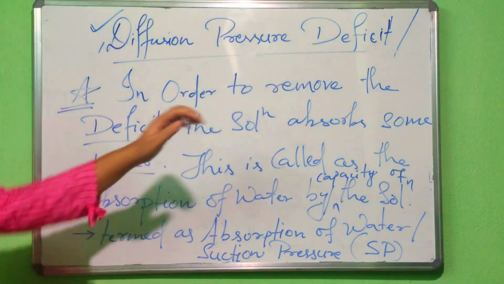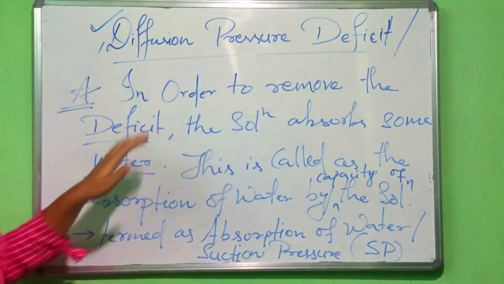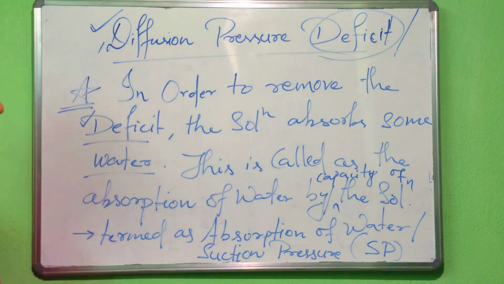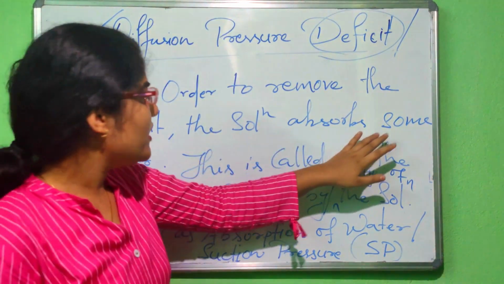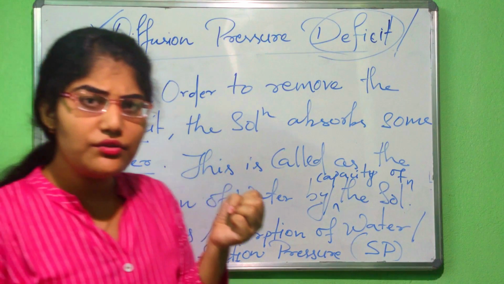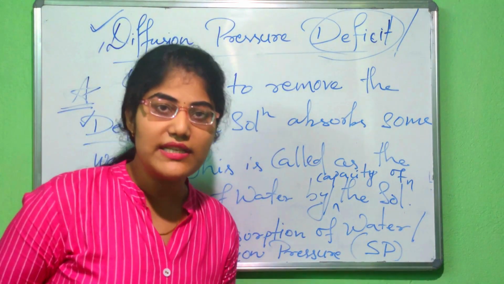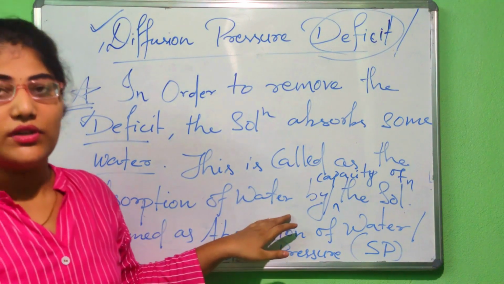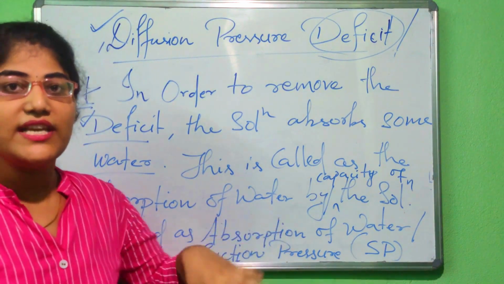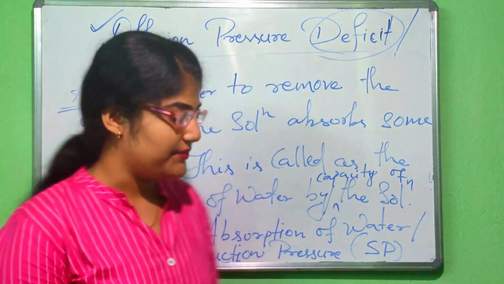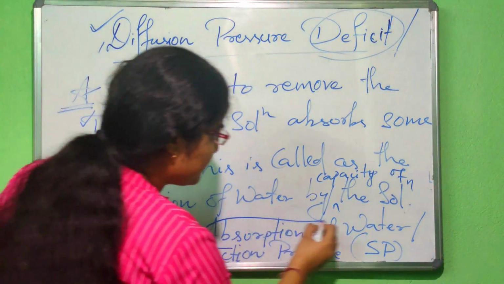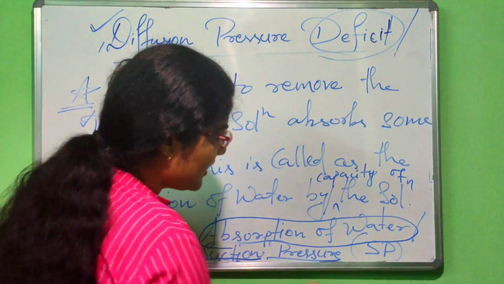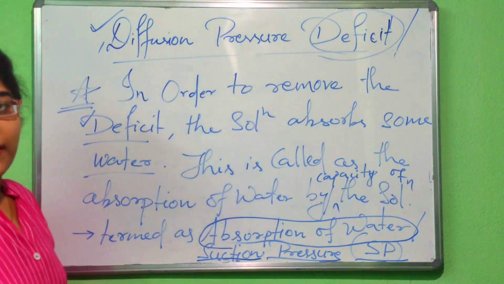So in order to remove this deficit, the solution obviously absorbs some water. This is nothing but the absorption of water, which we discuss in the next part of our plant-water relationship. That is the absorption of water, or it is called the suction pressure, represented as SP.